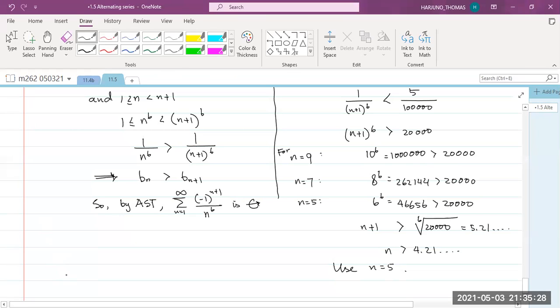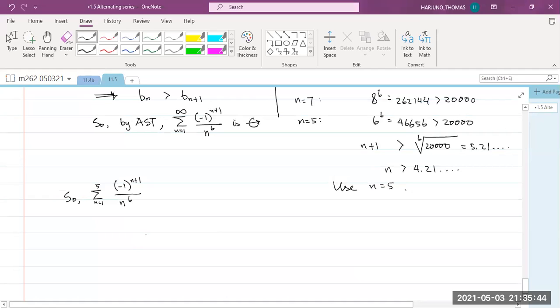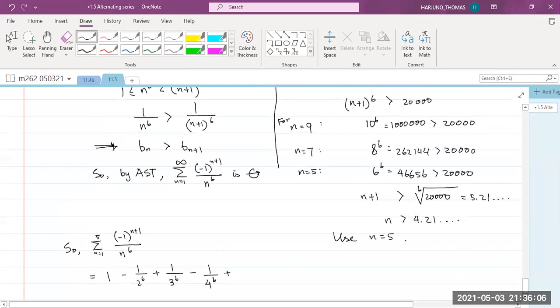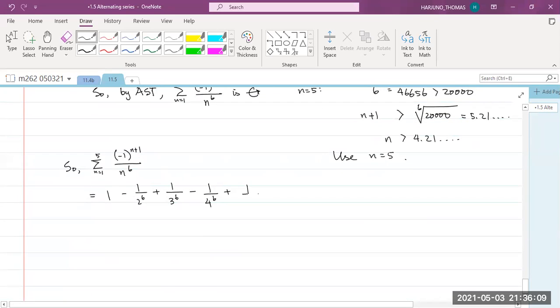So when we add the first 5 terms only, the sum from 1 to 5 of (-1)^(n+1) over n to the 6, this is equal to 1 minus 1 over 2 to the 6 plus 1 over 3 to the 6 minus 1 over 4 to the 6 plus 1 over 5 to the 6, up to 5 terms only.